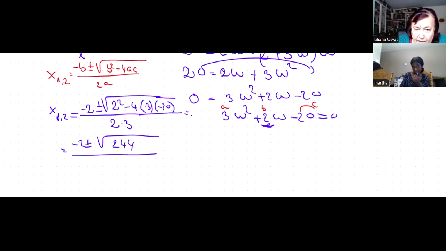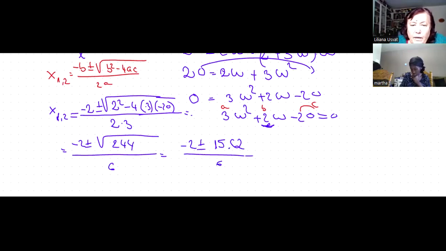So we have minus 2 plus minus 15.62 over 6. So we have two values. Minus 2.93.